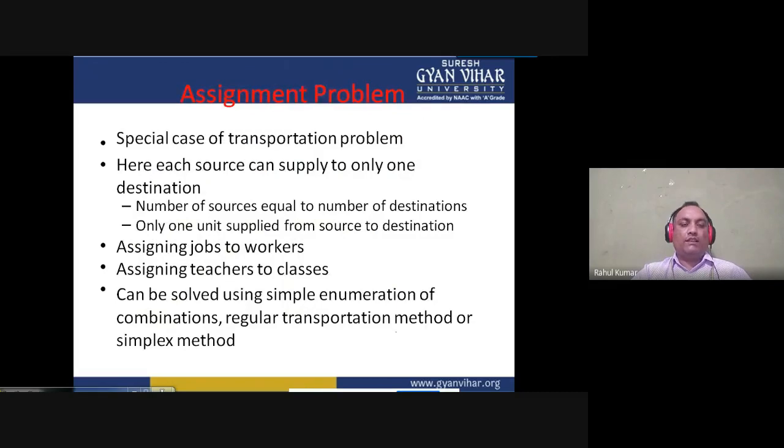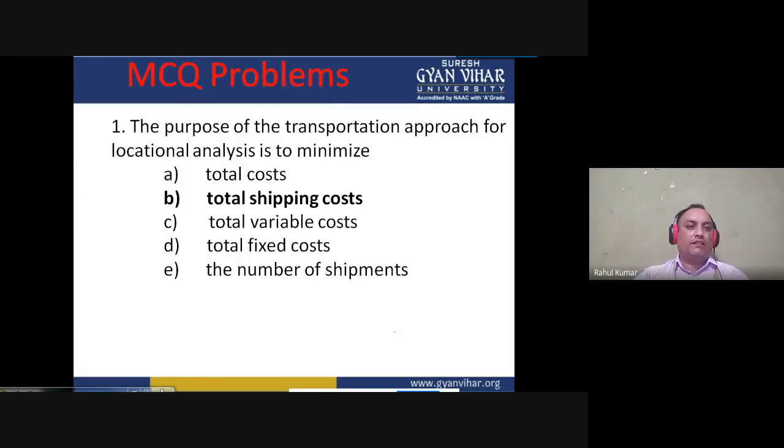And these are the assignment problem, which is a special case of the transportation problem, where a source can supply only one destination, the number of sources equals the number of destinations, and only one unit is supplied from source to destination, like assigning jobs to workers and teachers to classes. It can be solved by simple enumeration of combinations, the regular transportation method, or the simplex method. So this is the assignment.